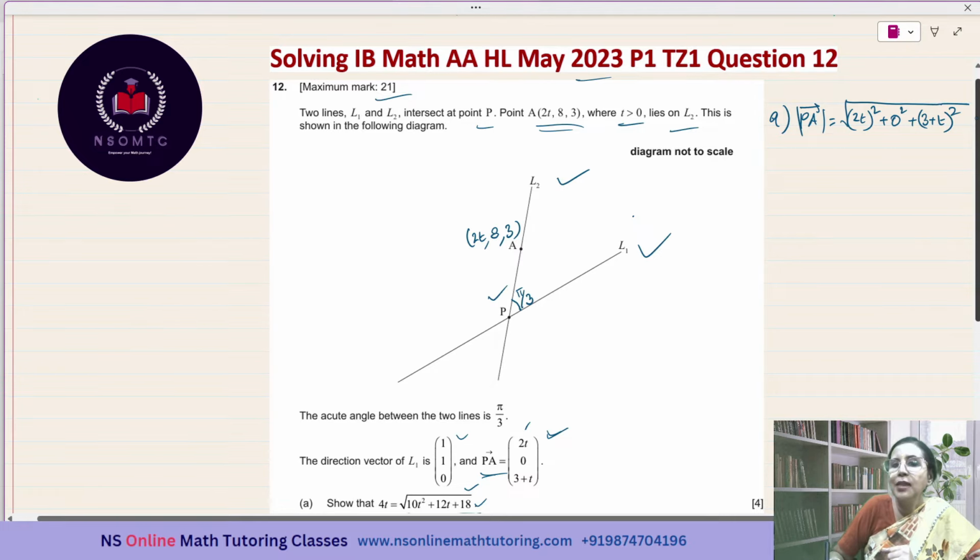So this is equal to the square root of 4t square plus 0 plus, expanding this part, 3 square is 9 plus 2 times 3 times t, so it is 6t, plus t square. And this is equal to the square root of 5t square plus 6t plus 9.